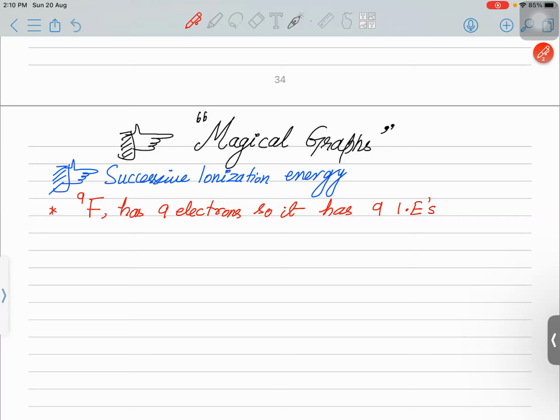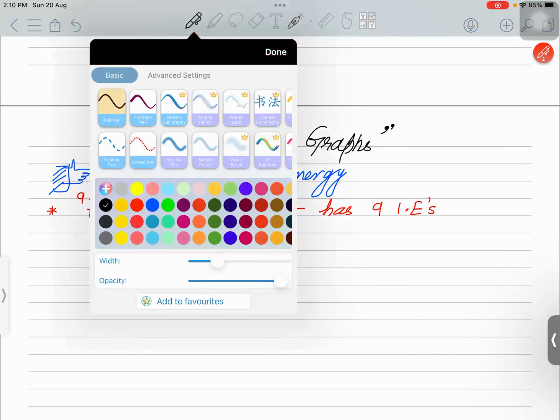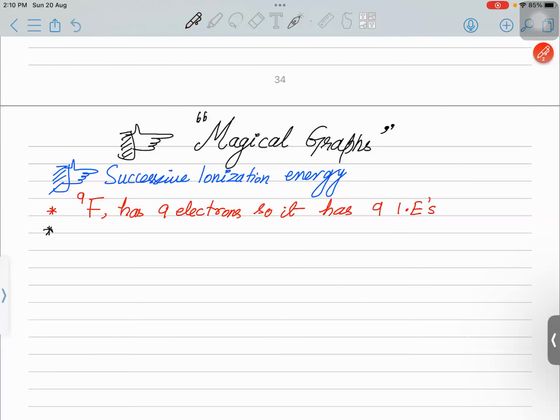Point number 2. Electronic configuration is 2,7. Can anyone tell me from where the first electron is removed? Either from 7 or from 2.